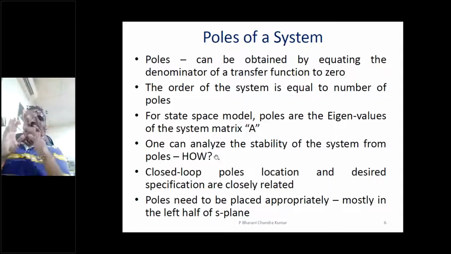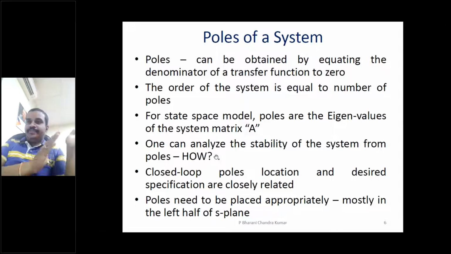Suppose your open loop system has some poles on the right half of the S plane. By using a suitable pole placement controller, you bring the poles from the right half of the S plane to the left half. That is one particular case, that means to stabilize the system.